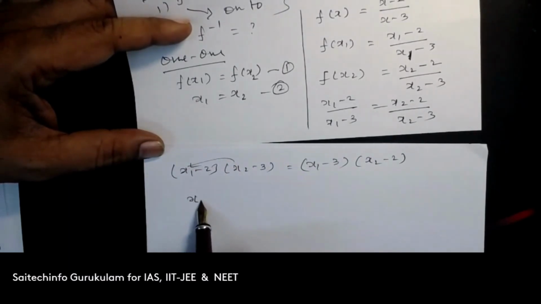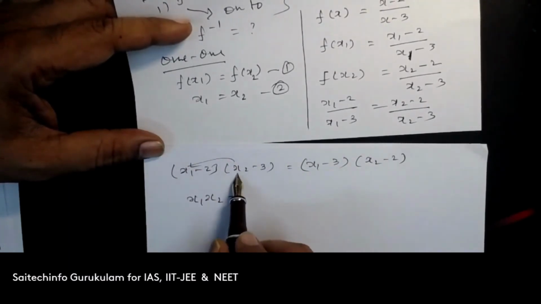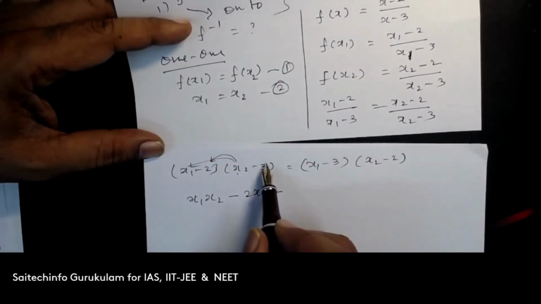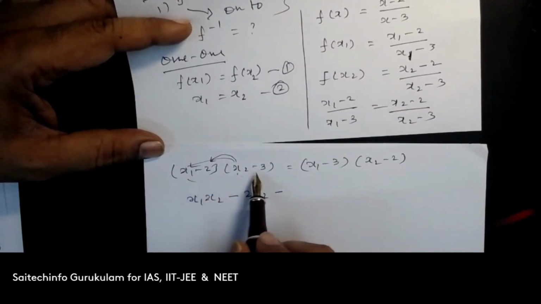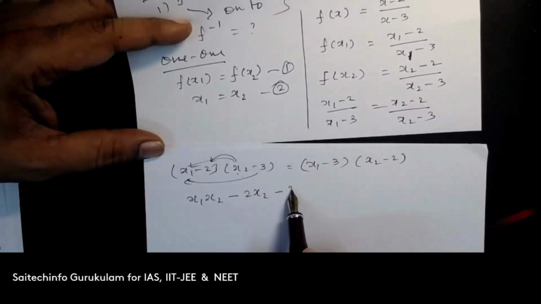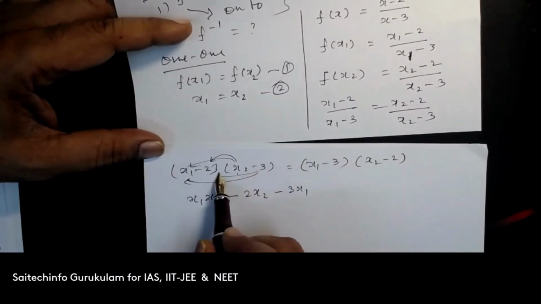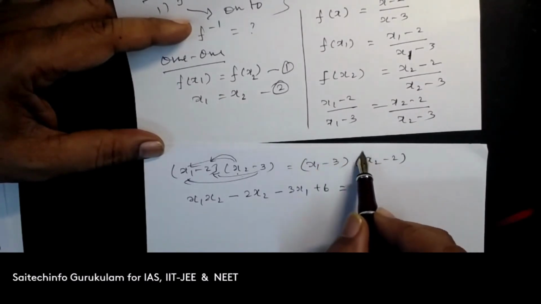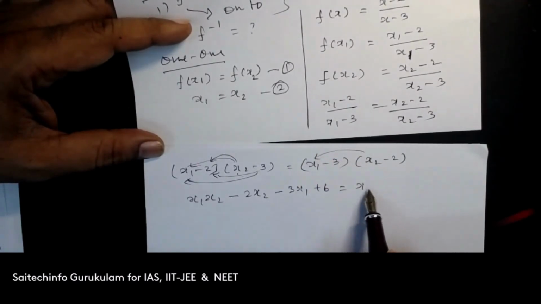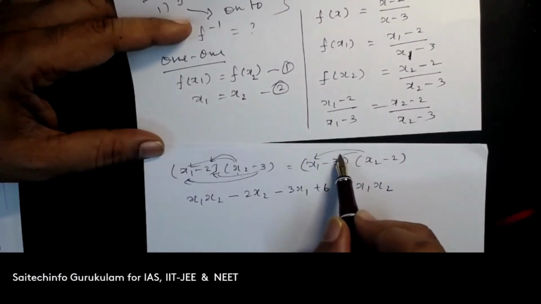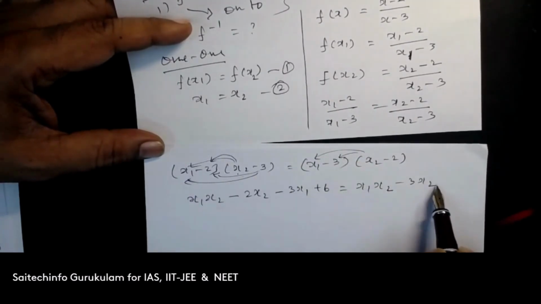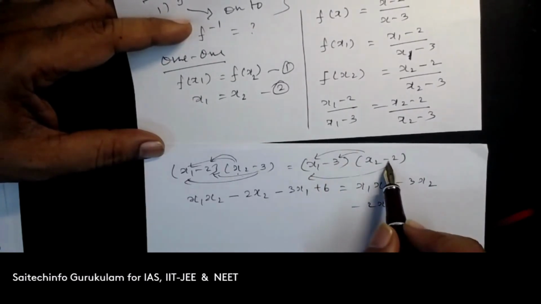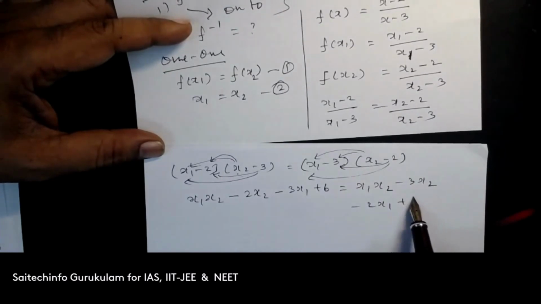So x1 x2 minus 3 x1 and minus 2 x2, minus 2 into minus 3 is plus 6, is equal to, similarly you can multiply by x2. So x1 x2, and then minus 2 x1 minus 3 x2, minus into minus plus 6.